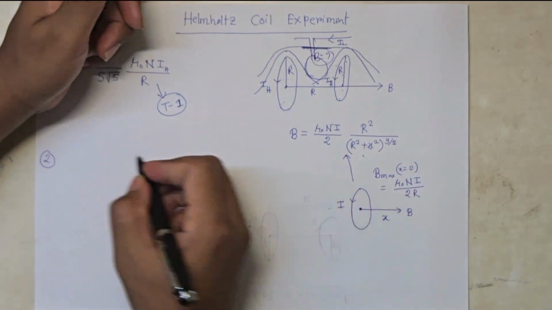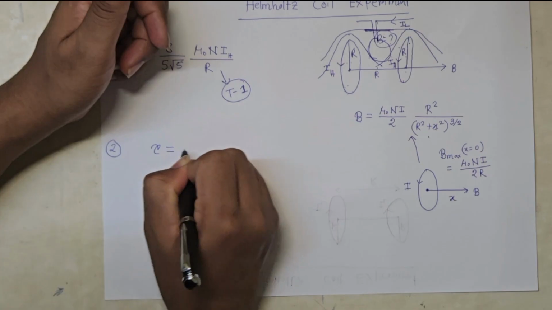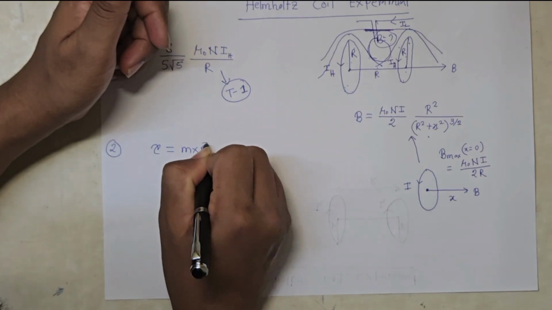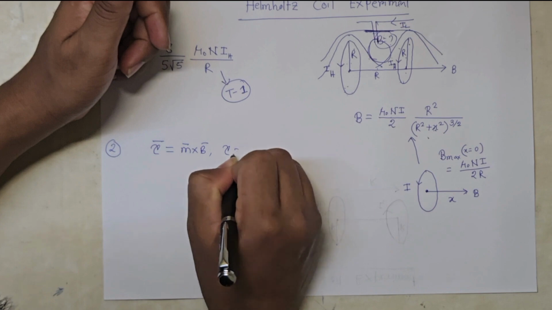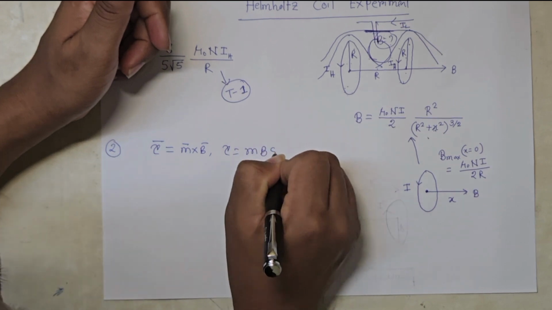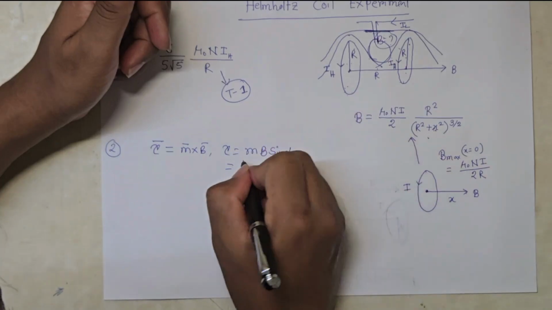What is the formula of torque? The formula of torque is M cross B. M means magnetic moment. The magnitude is M B sin alpha, where M is magnetic moment, current times area.